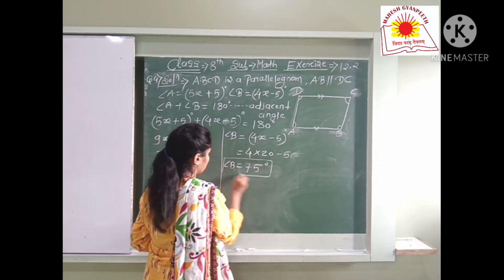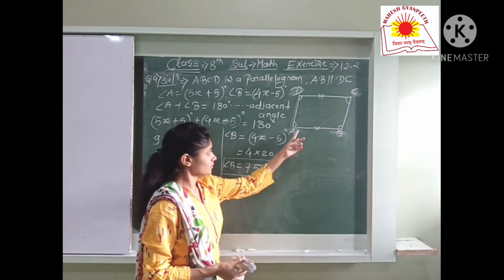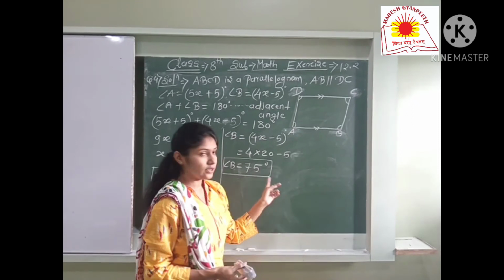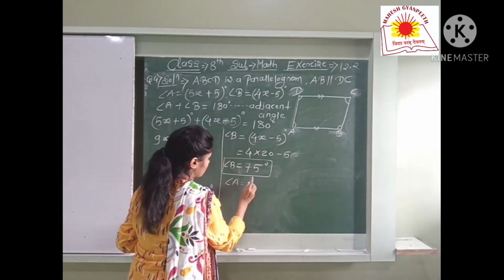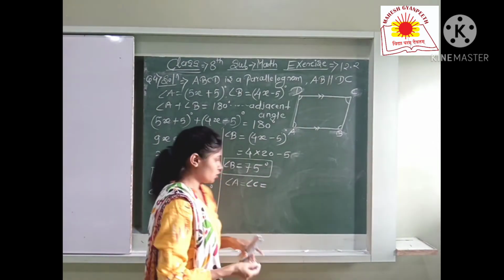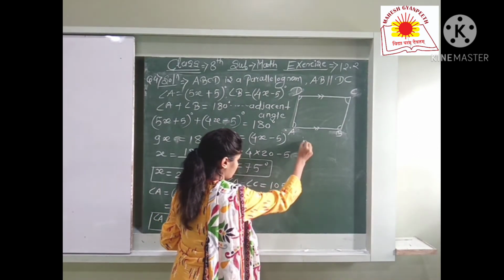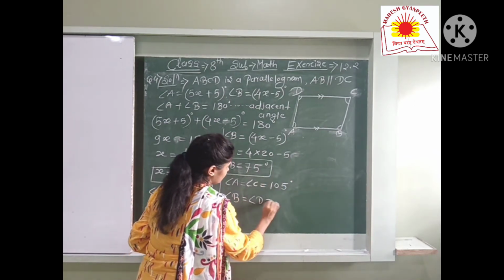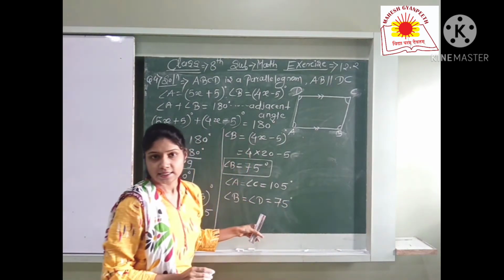Okay. Now students, angle A is 105 and angle B is 75. Angle A is opposite to angle C. Yes or no? Angle A is equal to angle C, and opposite angles are equal. So what is the value of angle C? It's 105 degrees. Now angle B is opposite to angle D. What is the value of B? It's 75. So angle D is also 75.